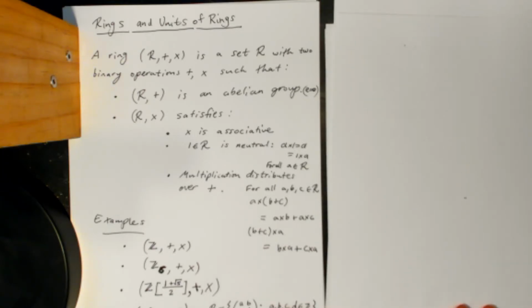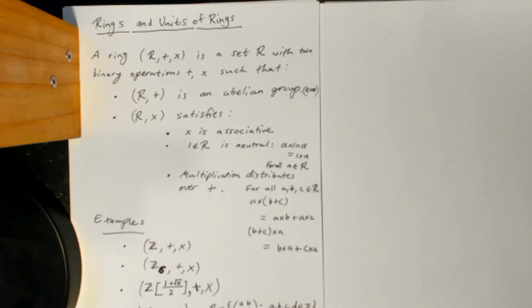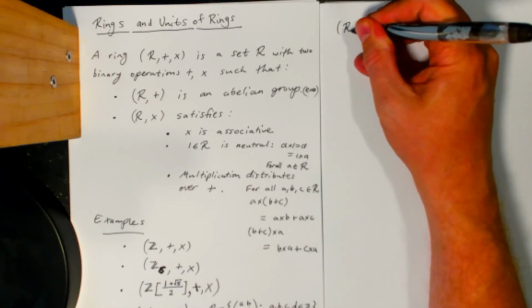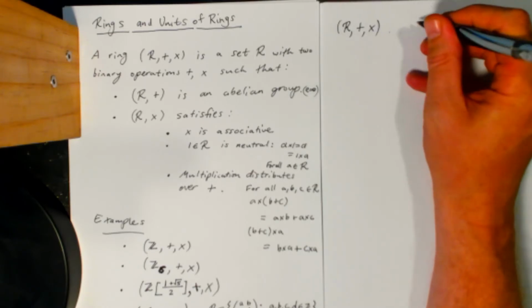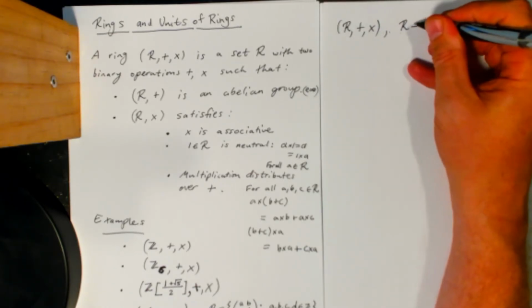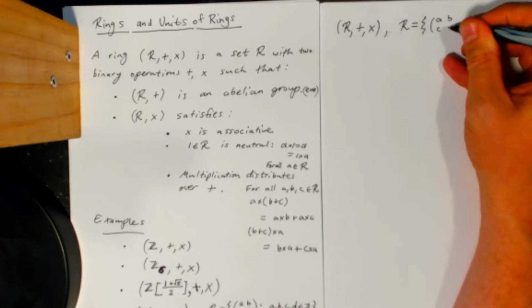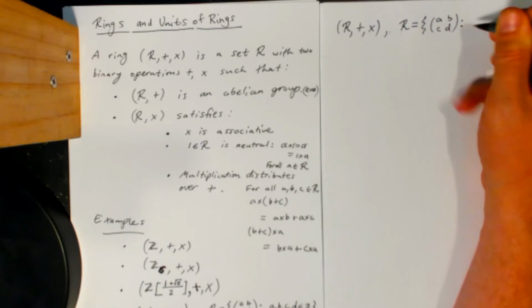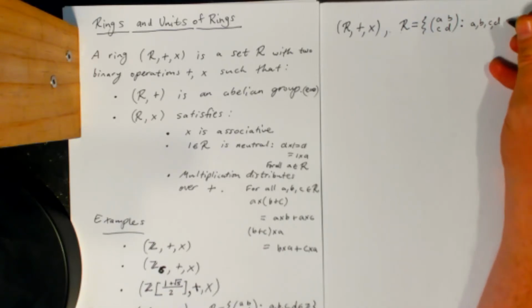So the next example I'll discuss with you here is the ring of 2 by 2 matrices with integer entries. We'll say this is a calligraphic R with addition and multiplication, where in this case R is equal to the set of all 2 by 2 matrices (A, B, C, D) such that A, B, C, and D are integers.